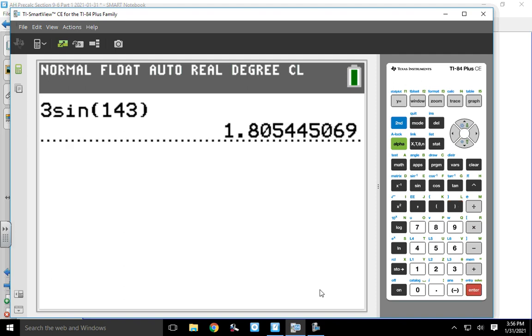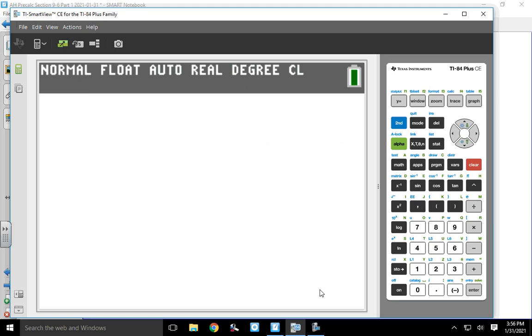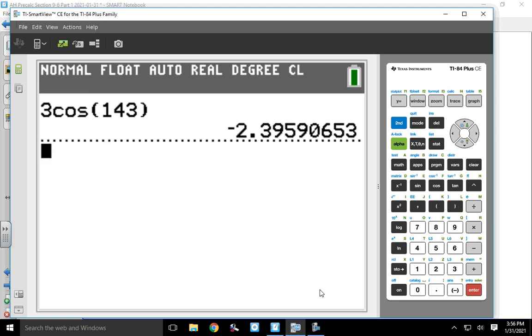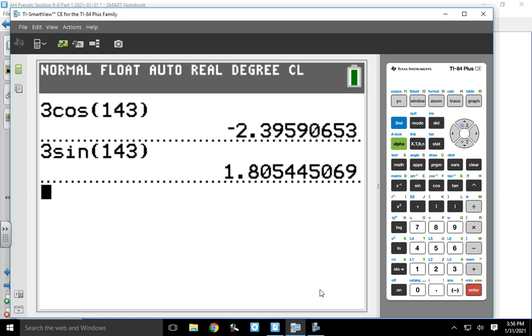Oops, I said cosine and then I did sine. Let me do that again. 3 cosine of 143. That's the horizontal part. That's a negative 2.34396, looks like. And then 3 sine of 143. We already did that, but that's 1.805. Okay, so that right there is the components of our vector.